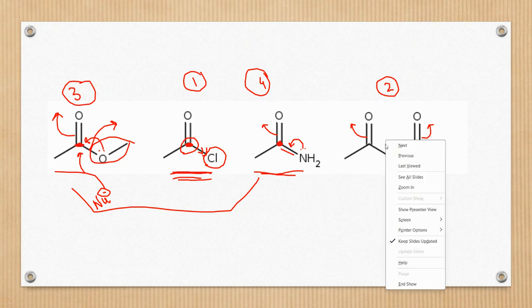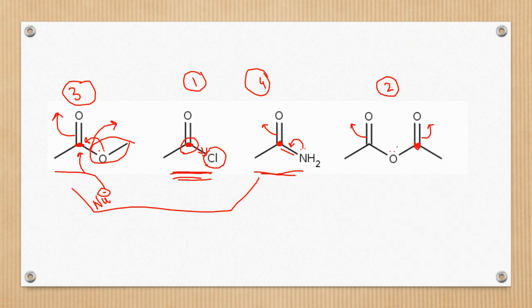the oxygen lone pair is in conjugation with both of these carbonyl groups, right? But in the case of ester, as you can see, the oxygen lone pair is solely in conjugation with a single carbonyl group. So there could be a resonance structure if you draw that; this will be O minus, this will be oxygen.